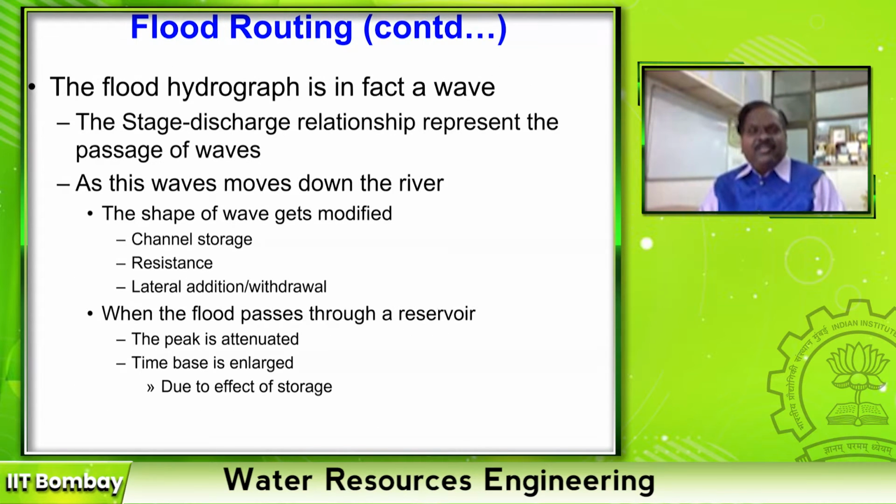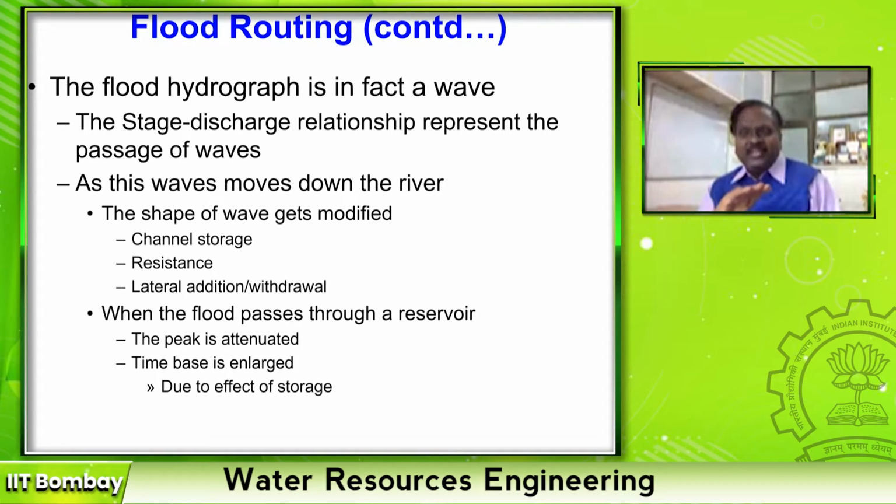But actually a flood is a wave, right? I think you might have seen several videos in YouTube and WhatsApp how the first flood starts coming from a large river. Initially the water level is at a constant depth or there may not be water. Then suddenly there will be a flow of muddy water, right?